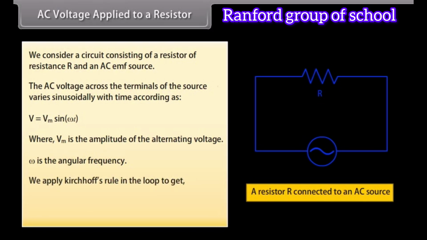We apply Kirchhoff's rule in the loop to get I = Vm/R multiplied by sin ωt.